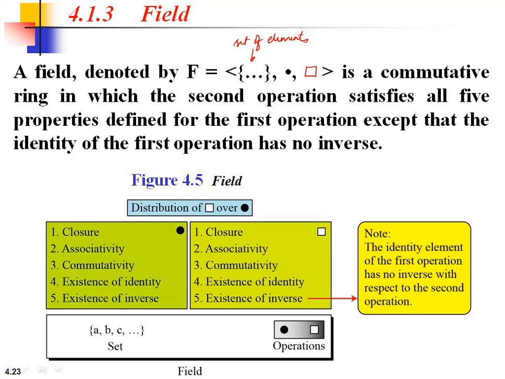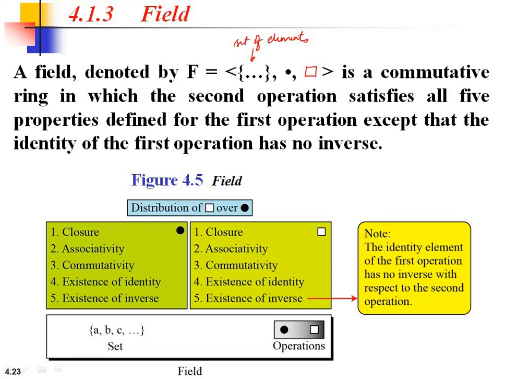And a field is a commutative ring in which the second operation satisfies all the 5 properties. We have seen what properties a ring satisfies. So a field is also a ring, but in this case the second operation satisfies all the 5 properties defined for the first operation, except that the identity of the first operation has no inverse.